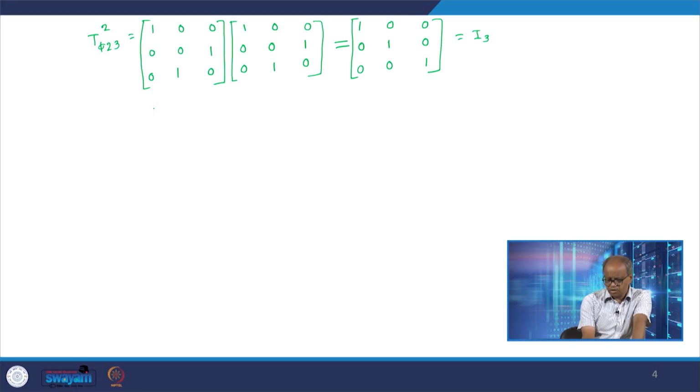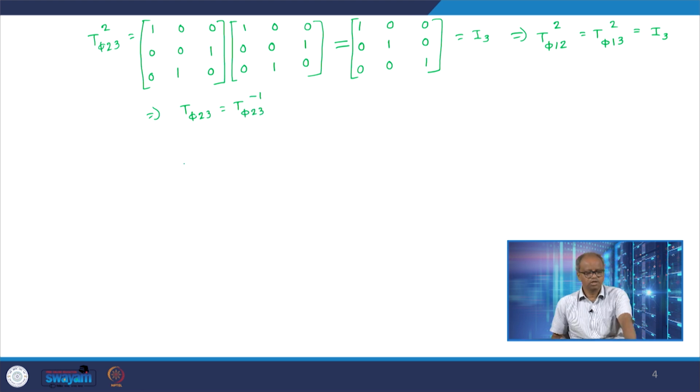From the same token, I can also write that by the same property T phi 1 2 square is equal to T phi 1 3 square, which is also the identity matrix. So, using these three properties I can also write that T phi 2 3 is equal to T phi 2 3 inverse.